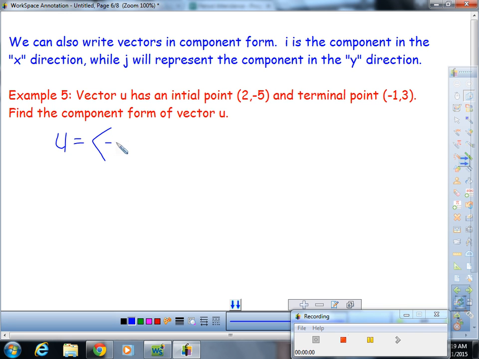So we do negative 1 minus 2. Remember, you always do your terminal minus your initial. That can get confusing. And then 3 minus a negative 5, so 3 plus 5. So in vector form, we would write u as negative 3, 8.